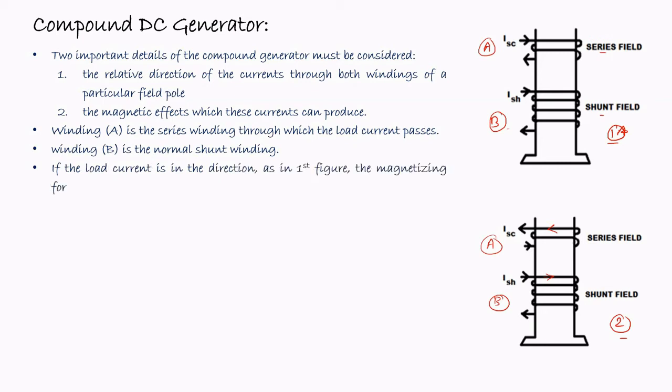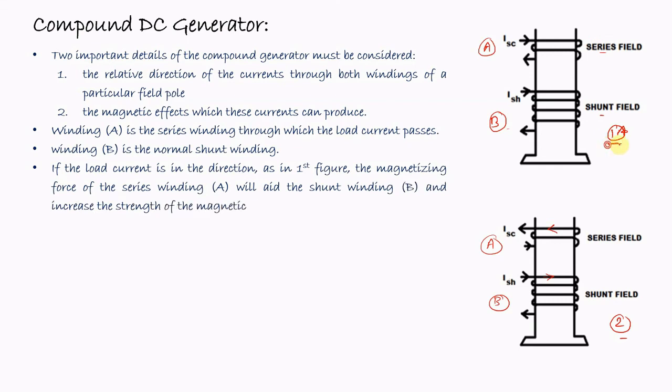If the load current is in the direction as in the first figure, the magnetizing force of the series winding will add to the shunt field winding, and it will increase the strength of the magnetic field.